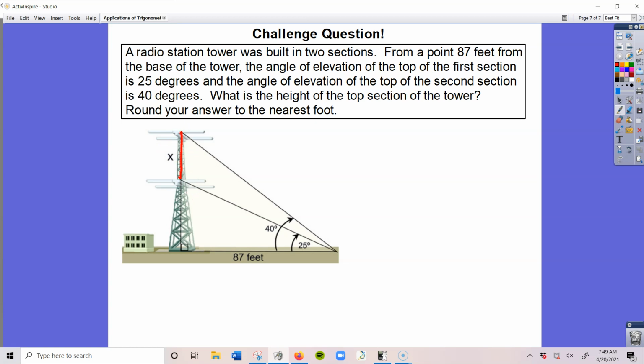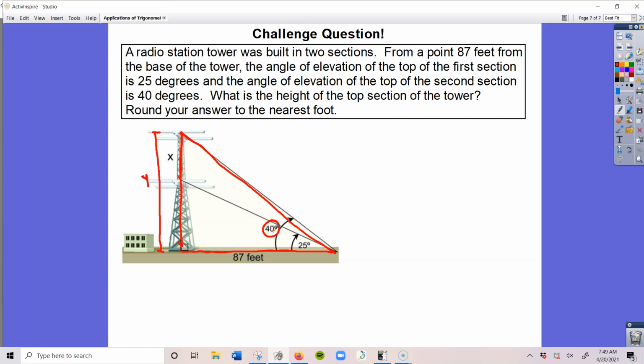So I'm going to start here with this large triangle. I'm going to call this height y, just so I can distinguish between my variables. So we have that the ground is 87. We have this angle here, which is 40.